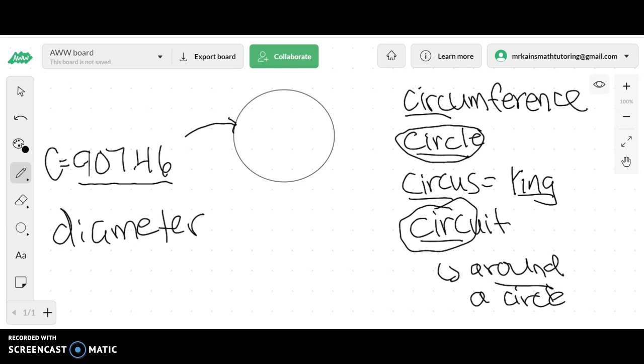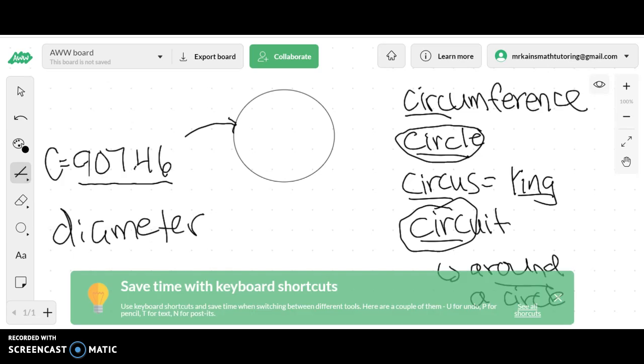Okay, well, to remind ourselves of diameter, we know that a diameter is just, let's see if I could do this now. It is the length from one side of the circle through the middle to the other end of the circle.